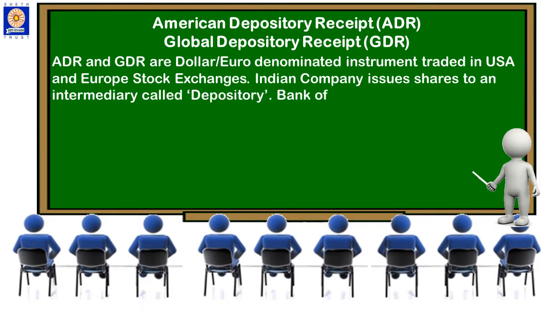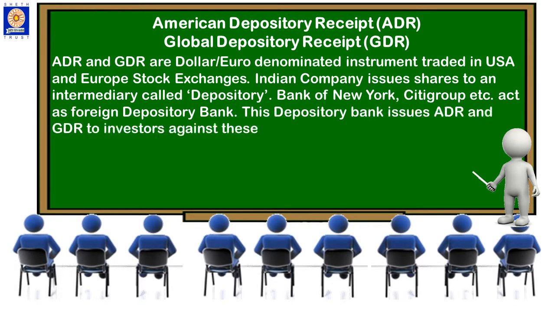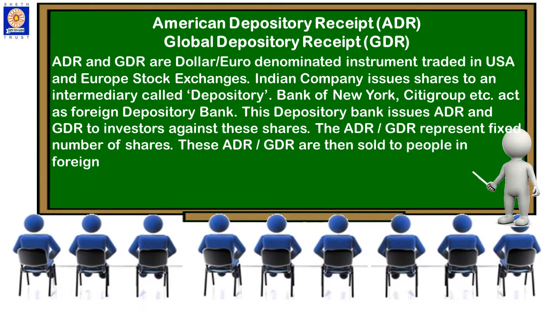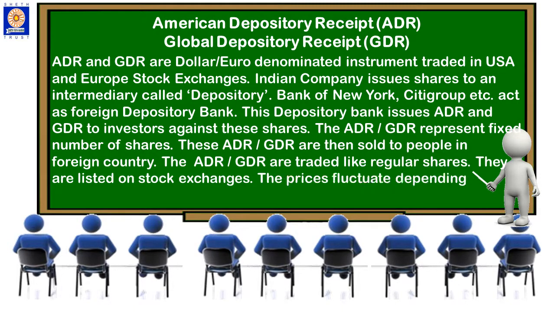ADR and GDR are dollar and euro denominated instruments traded in USA and Europe stock exchanges. An Indian company issues shares to an intermediary, that is an agent called a depository. Bank of New York and Citigroup etc. act as a foreign depository bank, that is an agent between the investor and the Indian company.